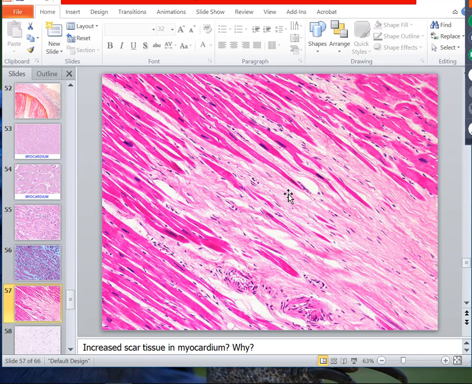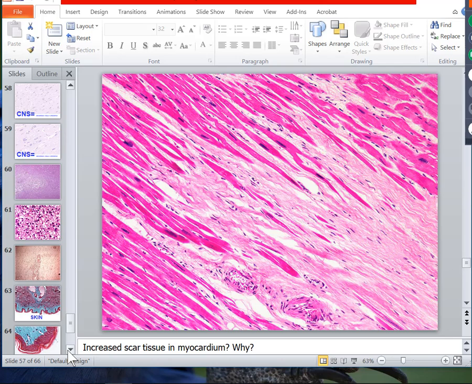But now, rather than inflammatory cells disrupting these fibers, you have scar tissue, you have fibroblasts. So you have fibroblasts and collagen down here and myocardial fibers up here. That's scar tissue within a heart. So that might be an infarct that you would call old or remote, but not acute. That might be somebody that had a heart attack 30 years ago.